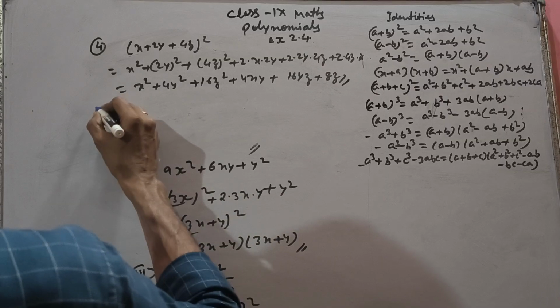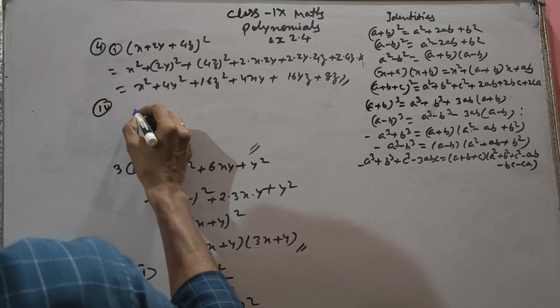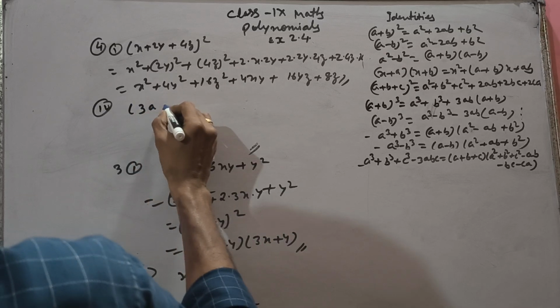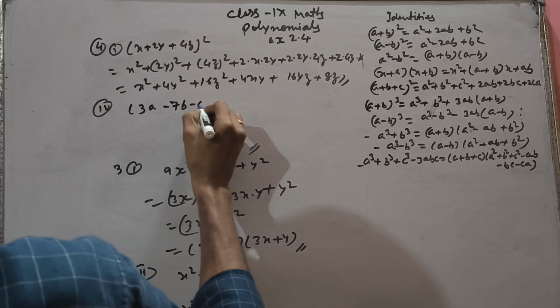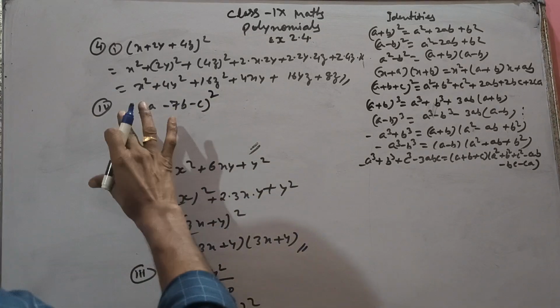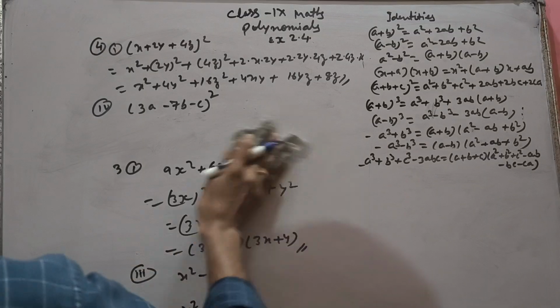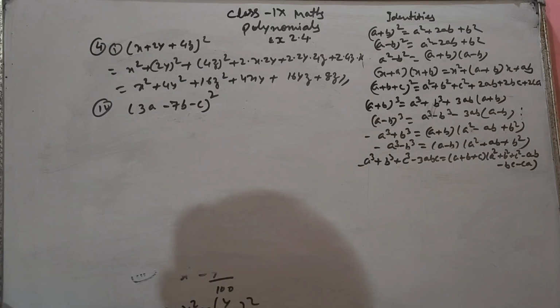So can I give you number 4? This is number 1, and I give you number 4. The others are similar and can be done following the same method. (3a minus 7b minus c) whole squared. There is no need for a different formula for minus. Use this plus formula only, otherwise you would have many formulas.